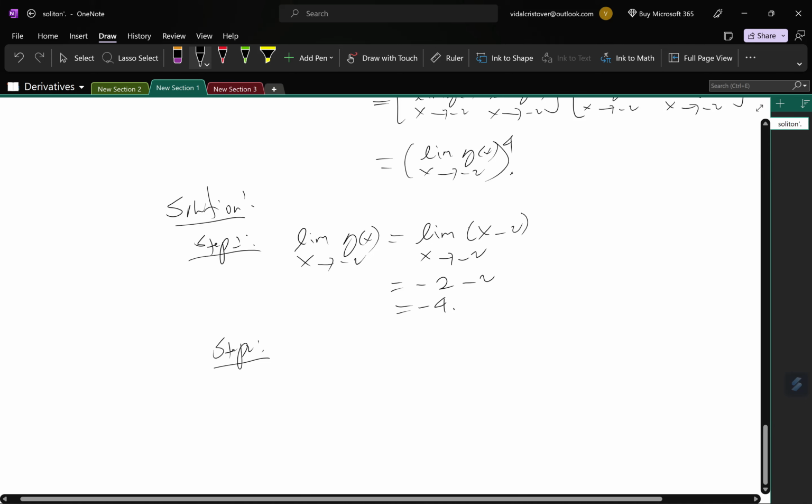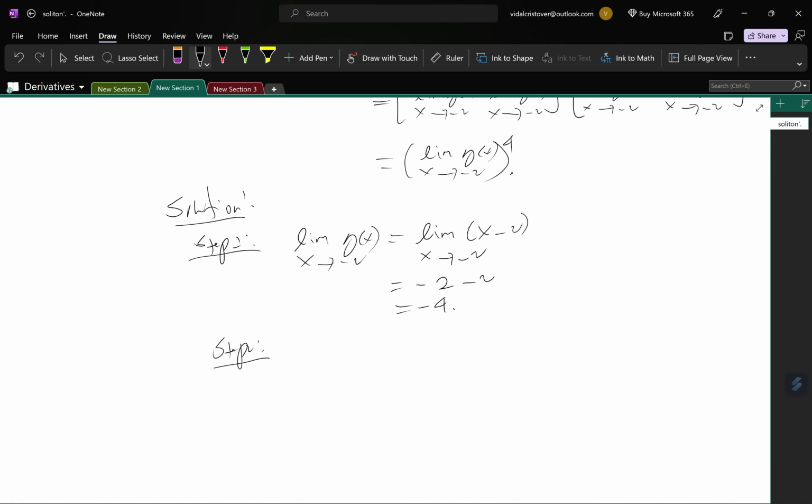repeated use of Theorem 7.4. So, I will just repeat it, repeated use. Is my English right?